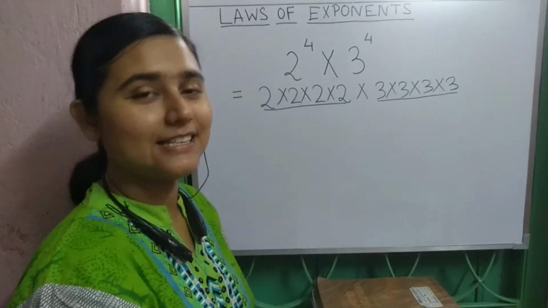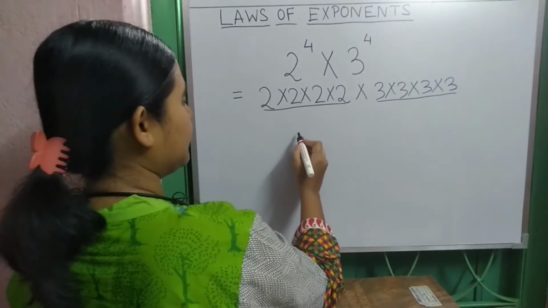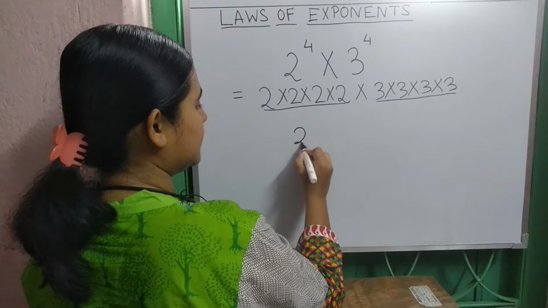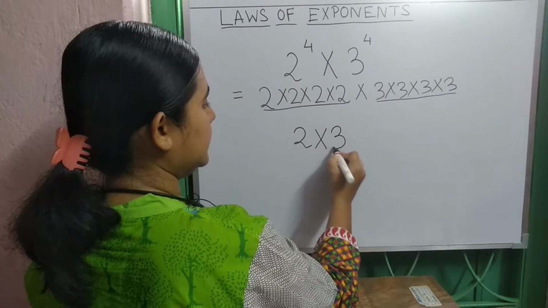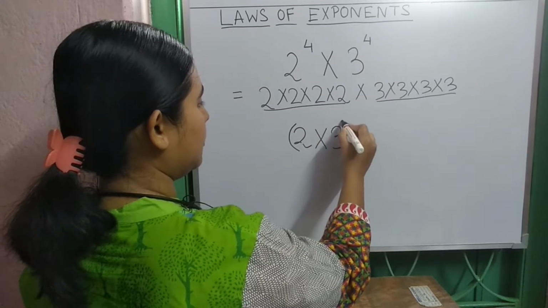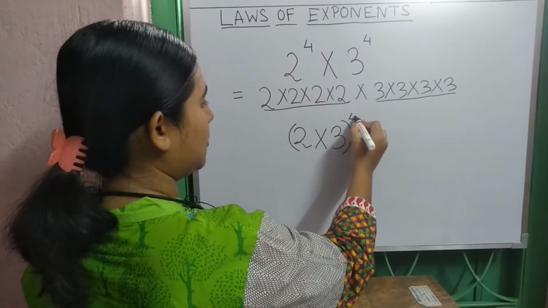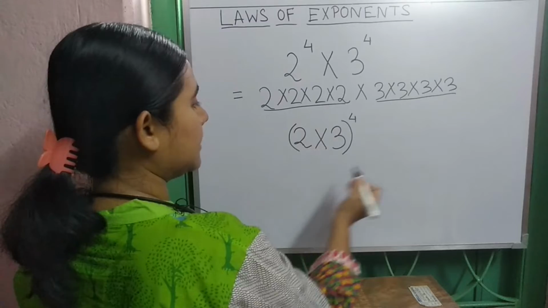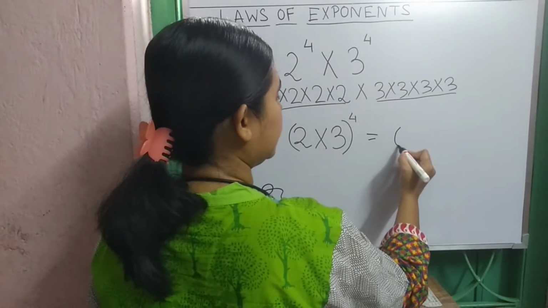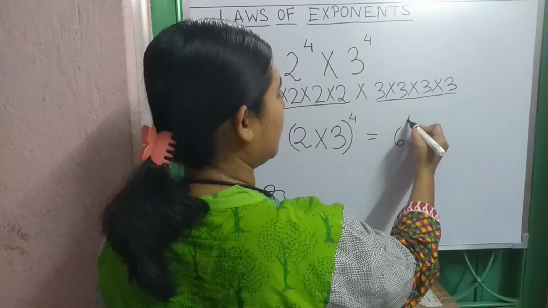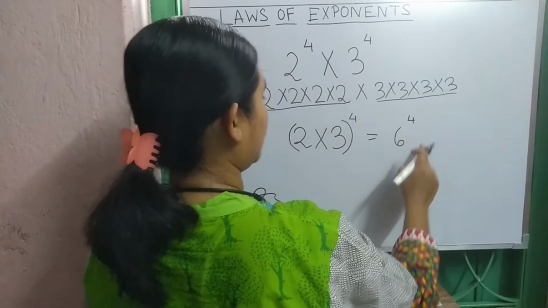But there is a shortcut. We can do just 2 times 3 whole to the power 4. So then it would be 2 times 3 is 6 to the power 4.